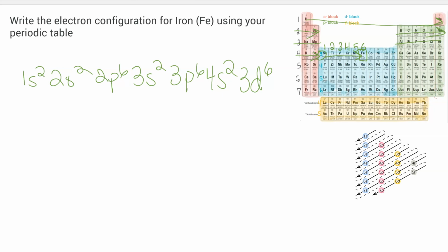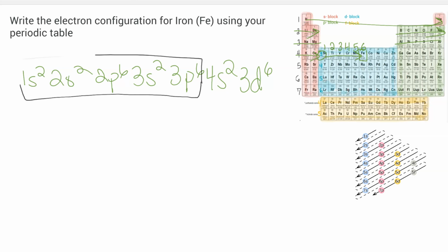So if we wanted to shorten iron's electron configuration, we can find the noble gas that comes before it and write that part in brackets to show that the electron configuration for iron is the same as argon up until that point. So we can summarize the first 18 electrons in iron's electron configuration, all the way up until 3p6.